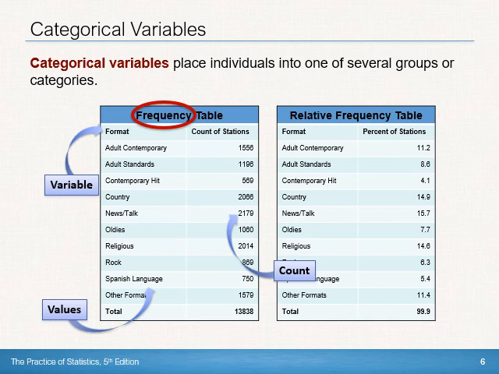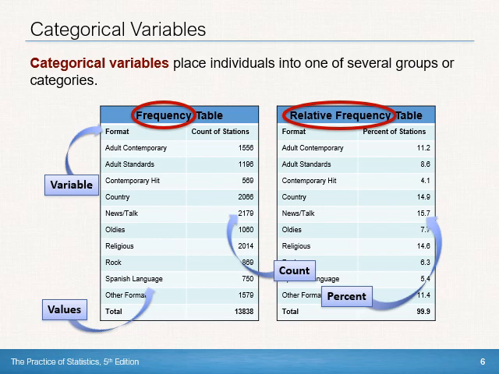So I can say, what is the count or what is the frequency? Same thing. Now, the next table over, notice that we no longer have counts, but we have the percent. And so the percent of the radio stations that are adult contemporary is 11.2%. The percent of radio stations that have a format that is adult standards is 8.6%, and so on.